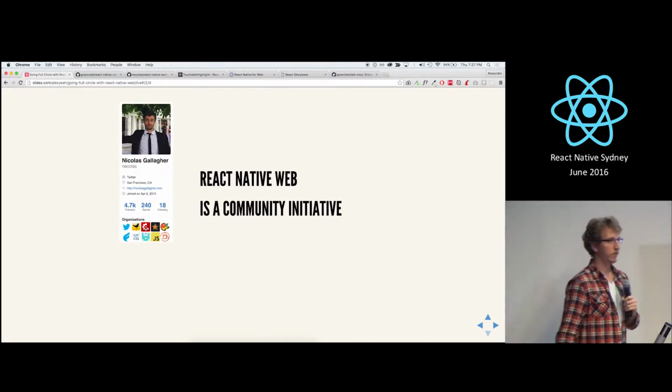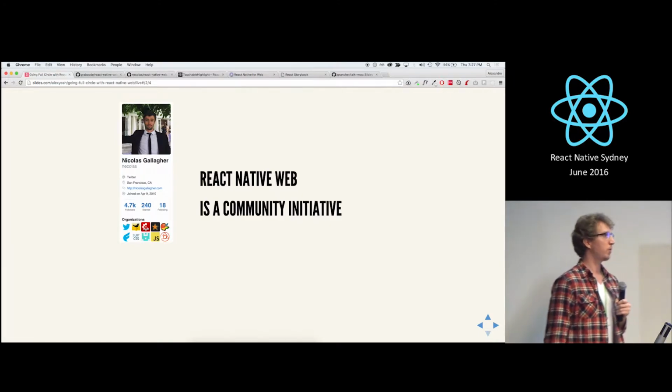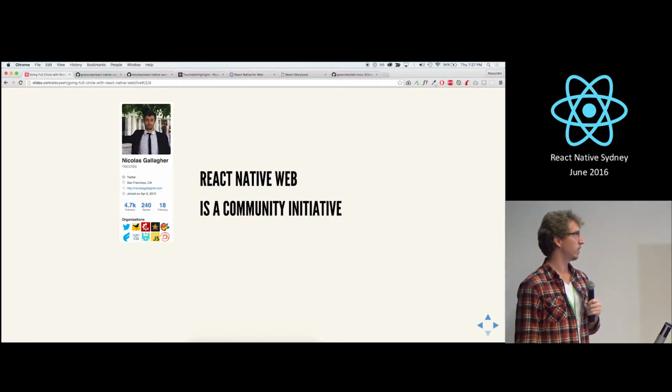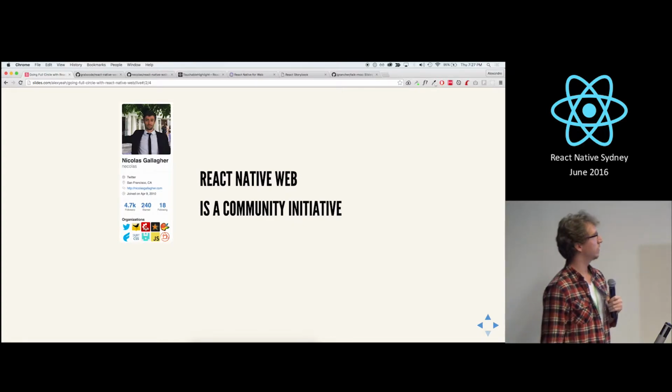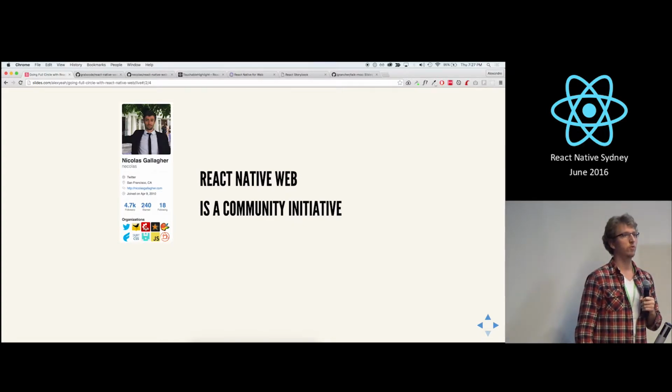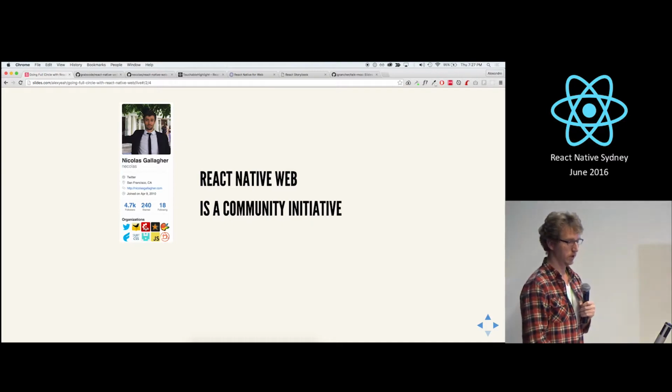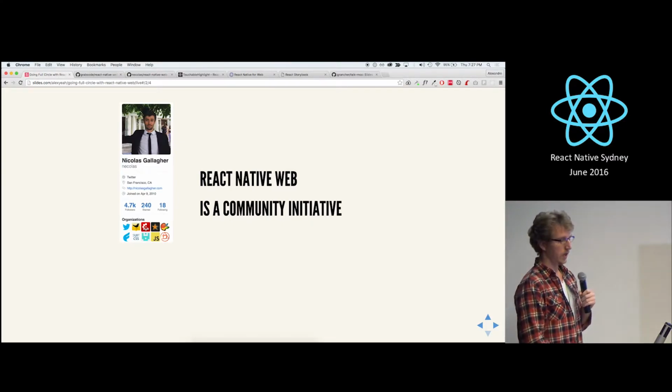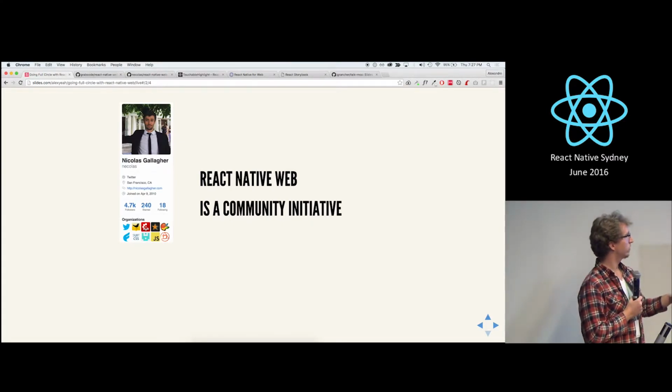React Native for web was started, like I said, probably a few months ago, maybe last year, I don't know. But this guy, Nicolas Gallagher, is known mostly because, as far as I know, he is one of the creators of normalize.css. That should ring a bell for most of us. He's been working for 5 years at Twitter.